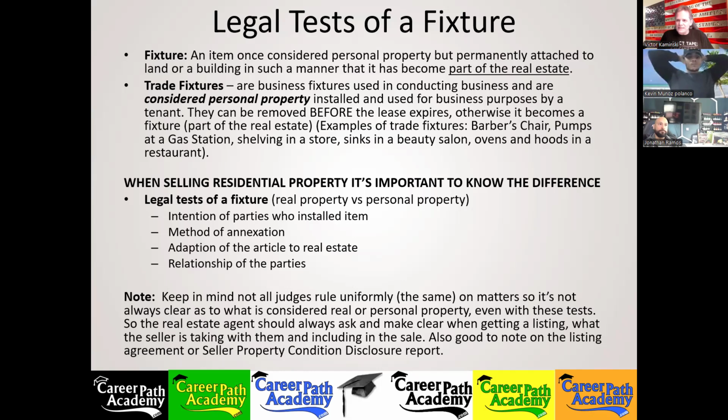You would still need to inform the buyers before they put offers in on the property that you're going to be replacing the toilets when you move. You're taking the toilets with you because it's still part of the real estate. It's a fixture. And you can't alter the real estate when somebody makes an offer on your property. You can't be changing the real estate now and taking whatever you want with you.